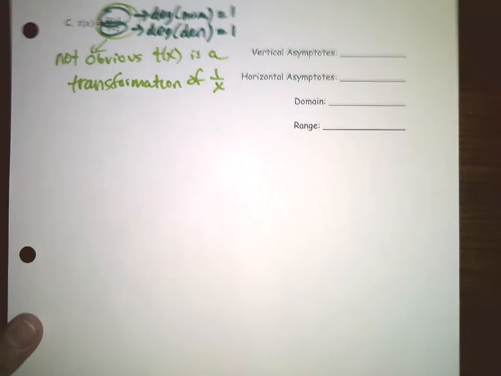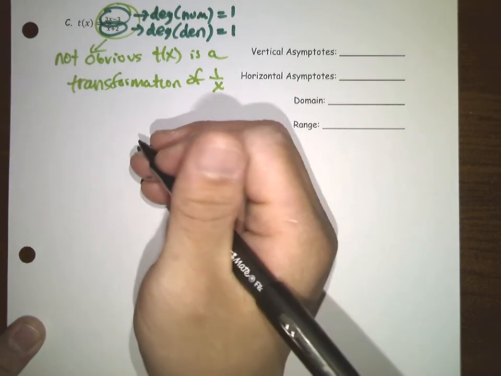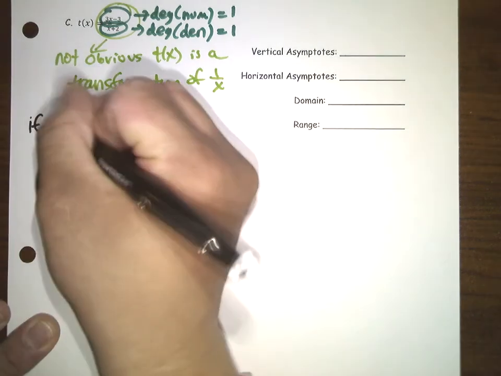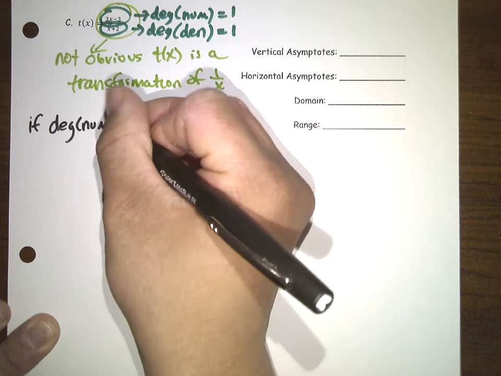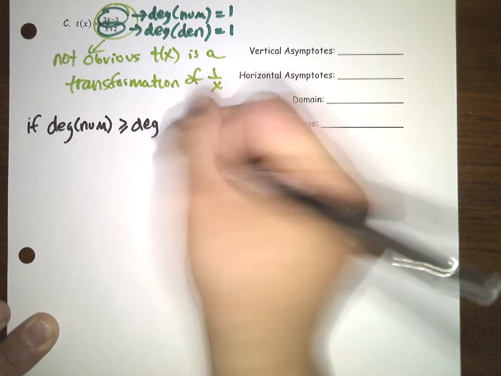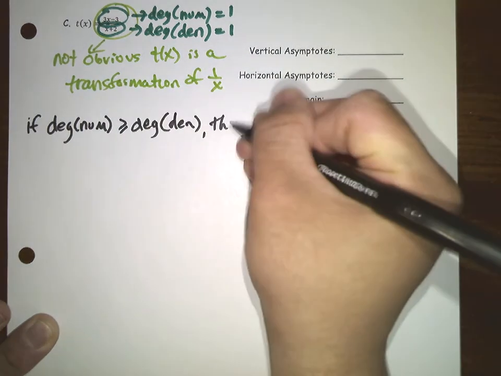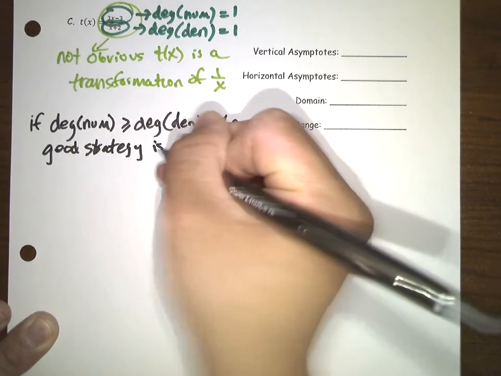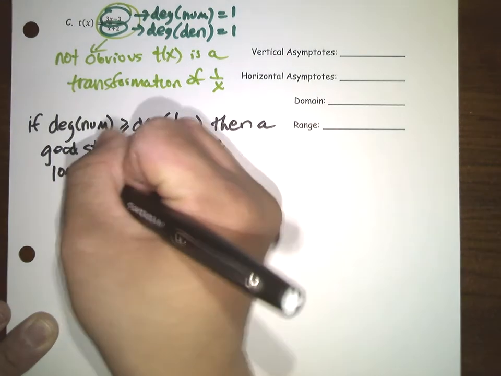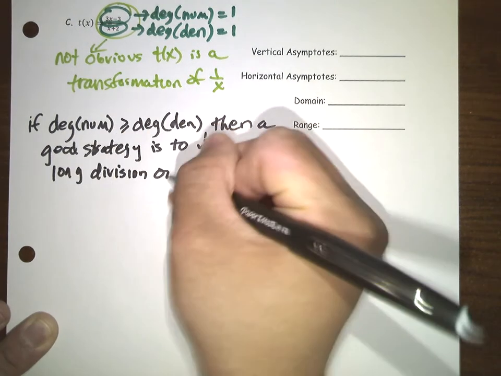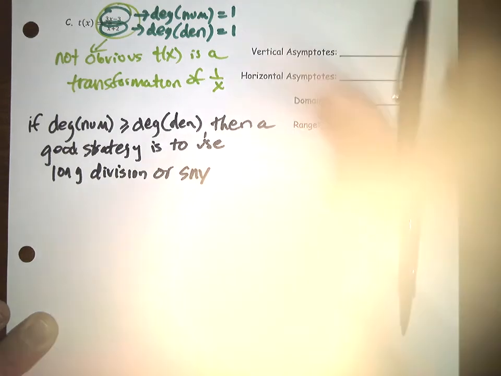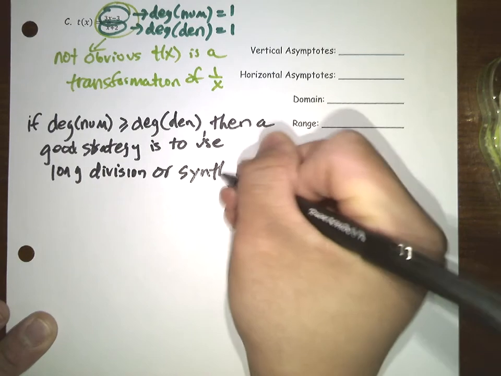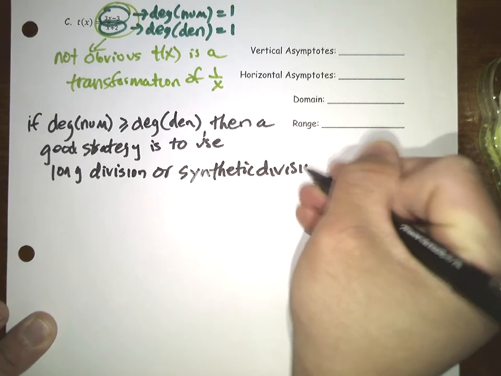All right. So the reason why I'm pointing this out is that if the degree of the numerator is greater than or equal to the degree of the denominator, then a good strategy is to use long division or synthetic division.